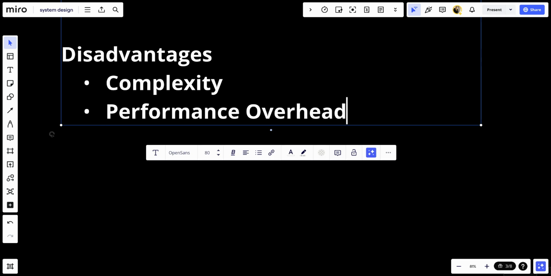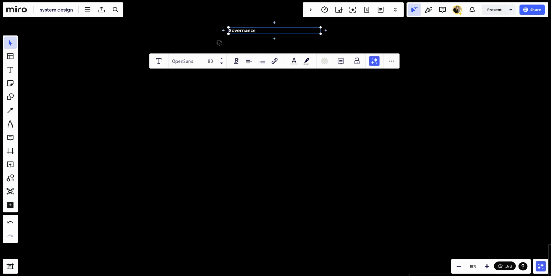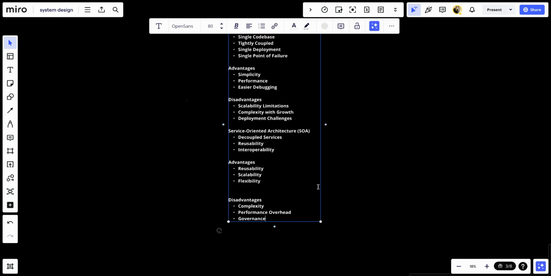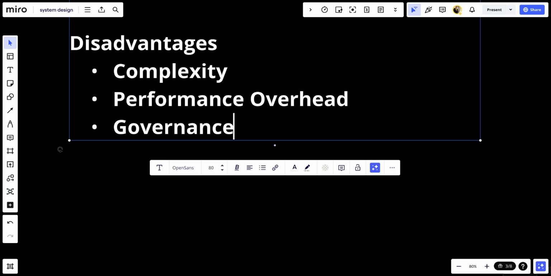Communication between services over a network introduces latency. And number three, we have governance. It requires strong governance to ensure service compatibility and compliance.